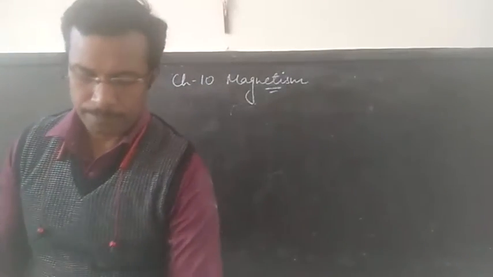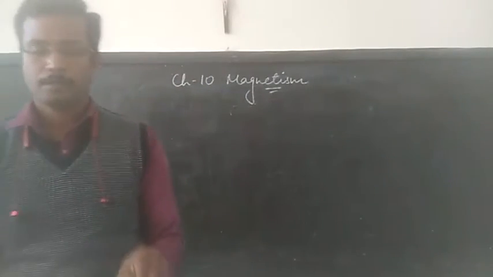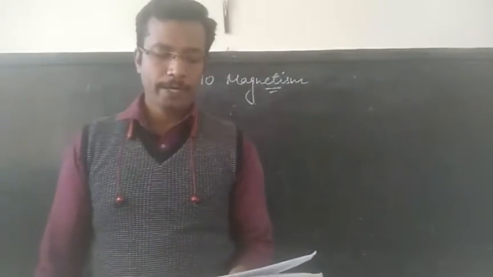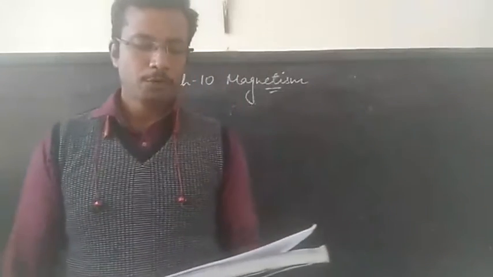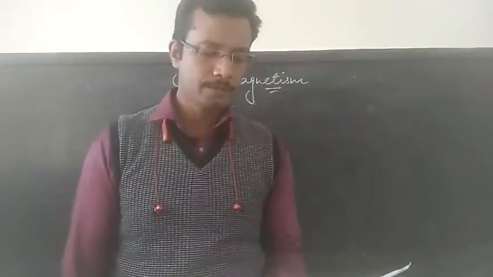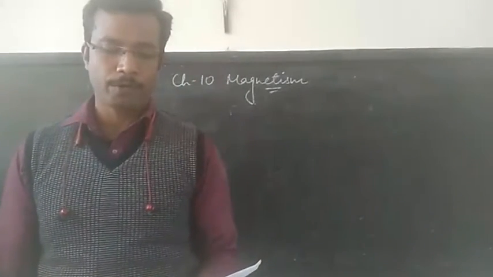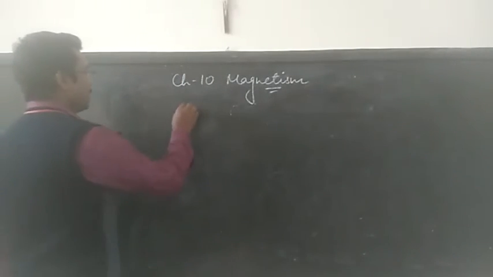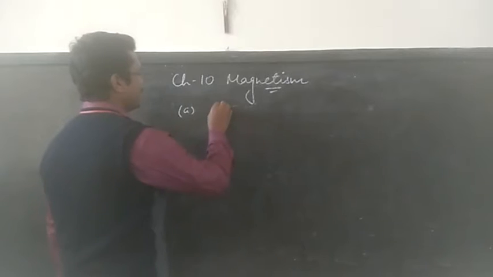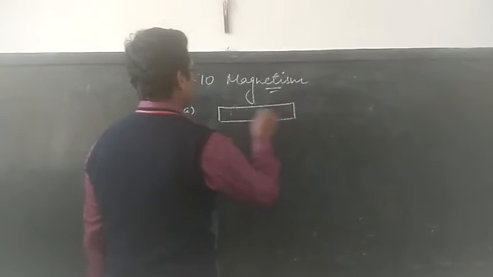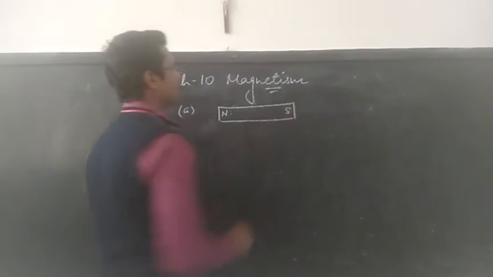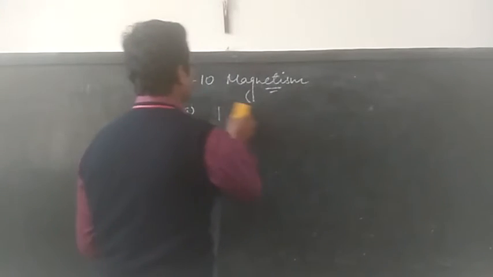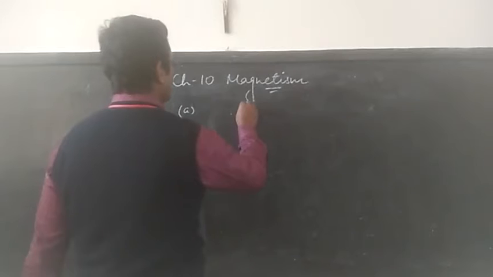We can now come to some important questions from the exercise. So we can take question number 11 from exercise 10a. Explain the following. Number A: when two pins are hung by their heads from the same pole of a magnet, their pointed ends are moved apart. It means that if this is a magnet with north pole and south pole, or we can have the magnet kept in a vertical position.